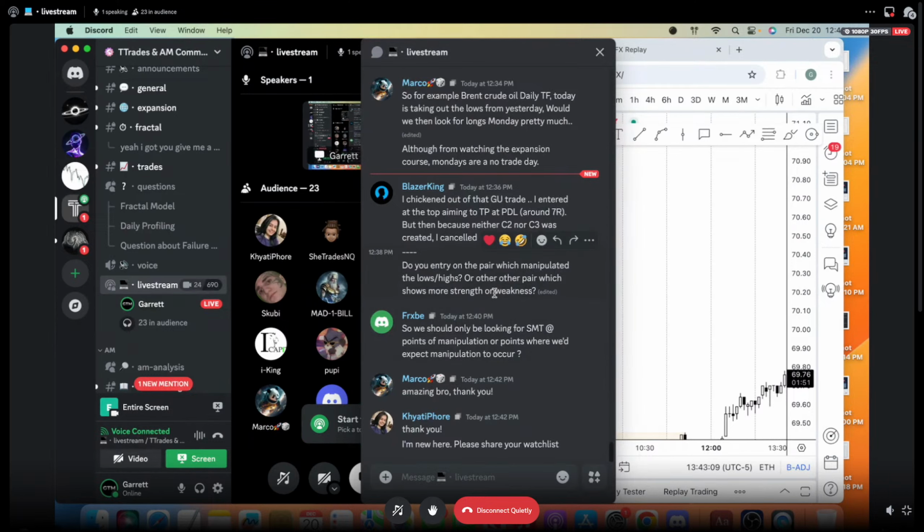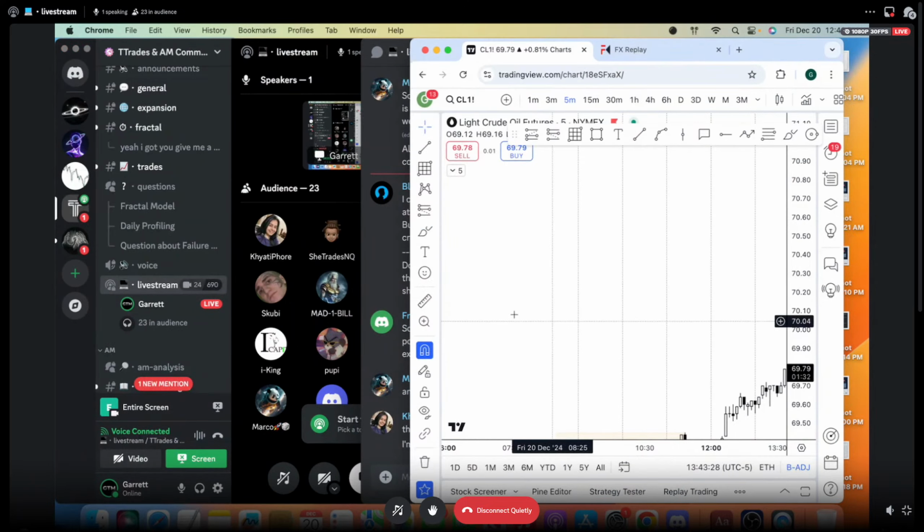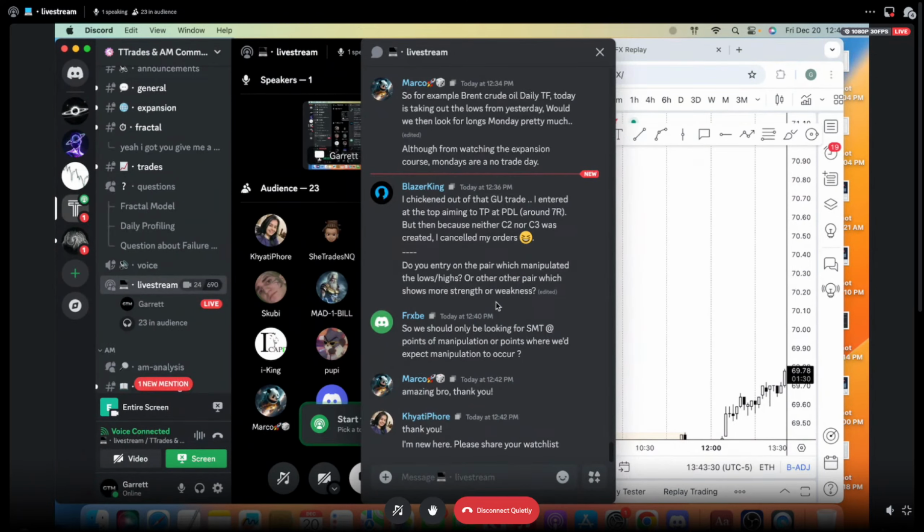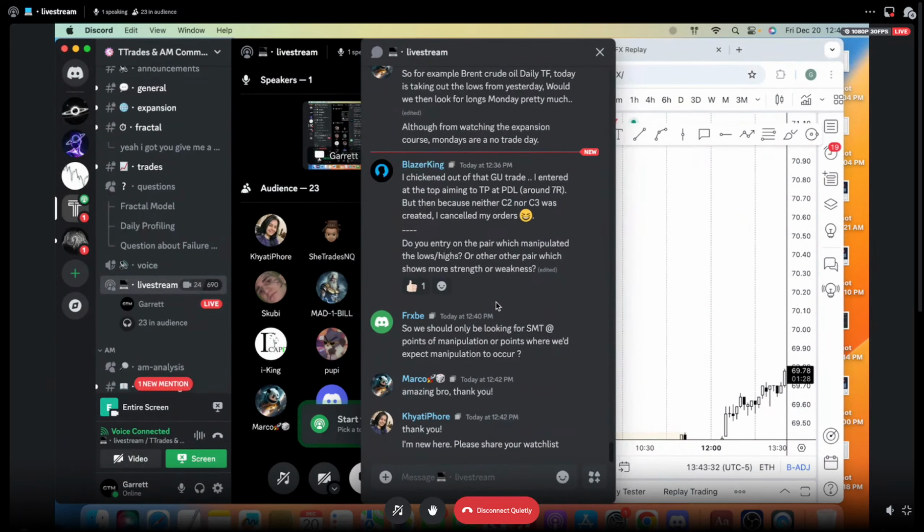So basically, yeah, it's the weaker pair, but you still want to see price actually expand away from that low. And inside of really correlated markets, when price is actually correlated and we get an SMT, it's going to do that. But when price is not correlated, then SMT almost doesn't matter. It's actually not important.